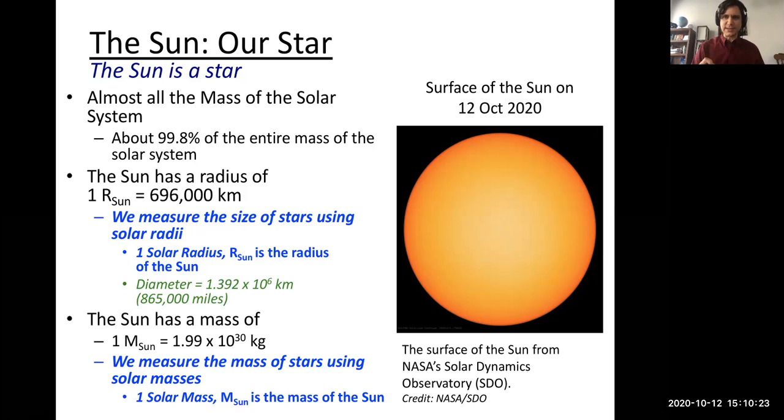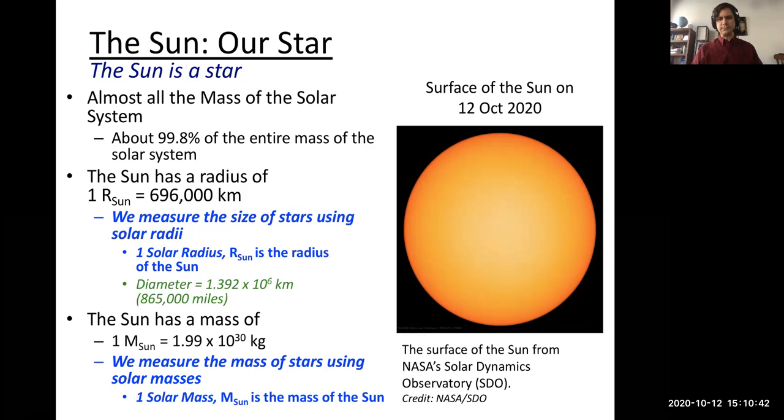And it's 1,000 times more massive than Jupiter. So it is a truly massive object. Whenever we compare it to other stars, there are stars out there that are much, much, much more massive. And then there are a lot of stars that are much, much, much, much less massive.